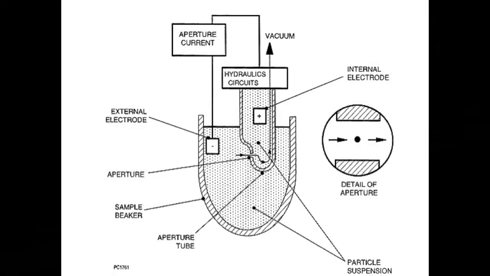And as each particle passes through the hole in the tube, the instrument is measuring the change in electrical current that's flowing between the internal electrode inside the tube and the external electrode, which is in your sample. This principle is very simple: as a non-conductive particle passes through this zone, which is being measured for current, it acts as an insulator, and therefore the current drops.